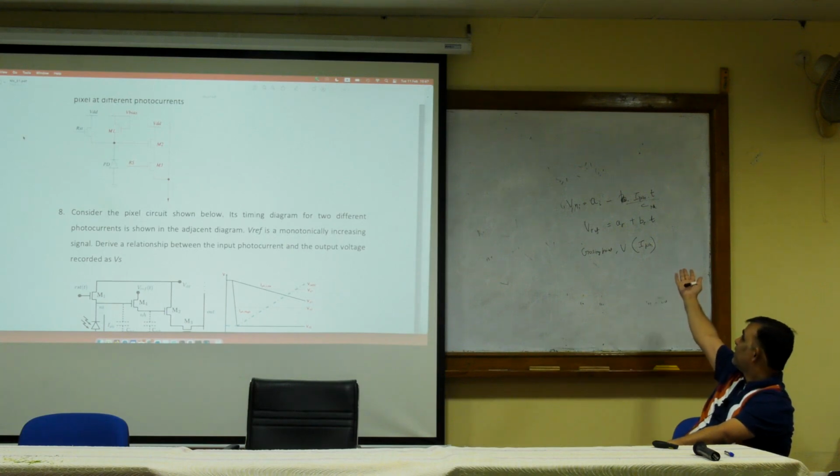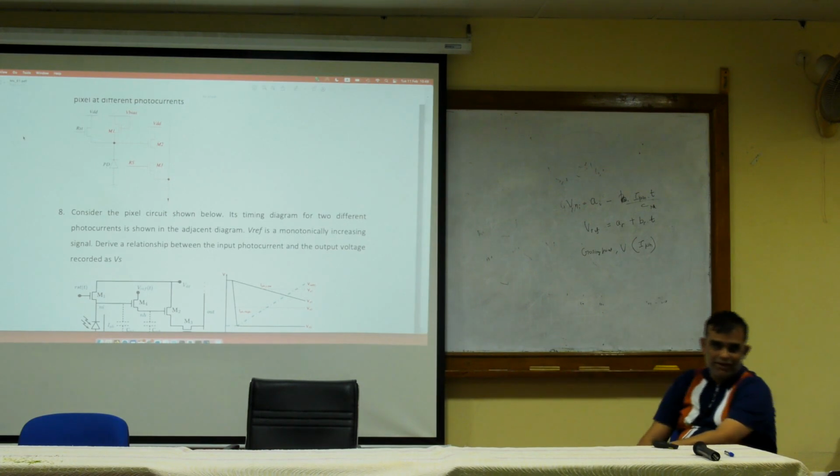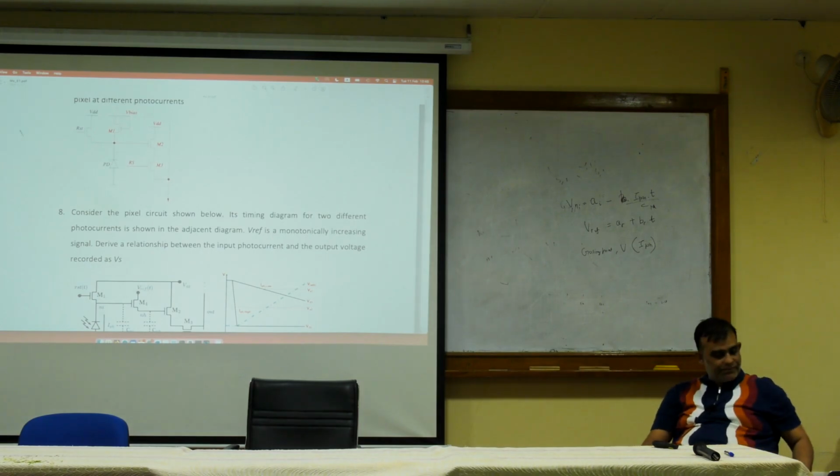If you find the time from the second function, which is Vref minus Ar divided by Br, and equate the two timings, you will get a response function which will have Vref as well as your V output. Or you'll get a time at which these two will be common, and then you put the time back in this equation, you'll get a V output equation. Now that's a comparatively simpler problem.